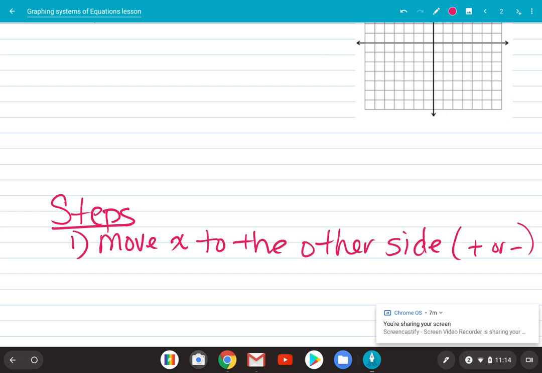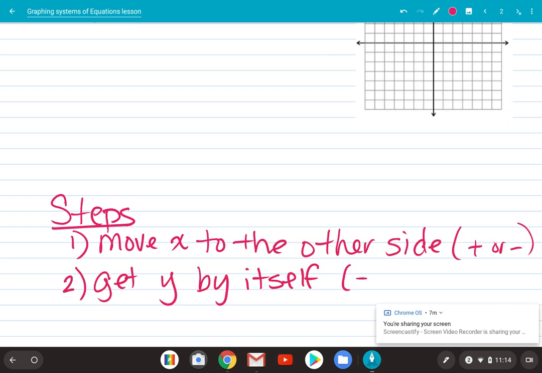Always the opposite sign than what we have. Step 2, get y by itself. This is usually going to be division. Very rarely will it be multiplication. I've not seen it in IM1 at all. So we're just going to stick with division.